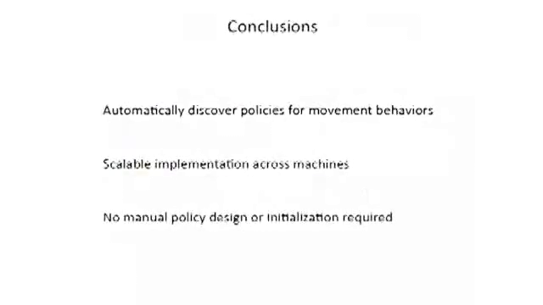So to conclude, we have been able to find a method to automatically discover policies for movement behaviors with a very scalable implementation that can distribute the workload across machines. We're only using 40 machines so far, but we can potentially scale it up to a much larger number. And it didn't require any manual design of policy structure or any initialization for the motions.